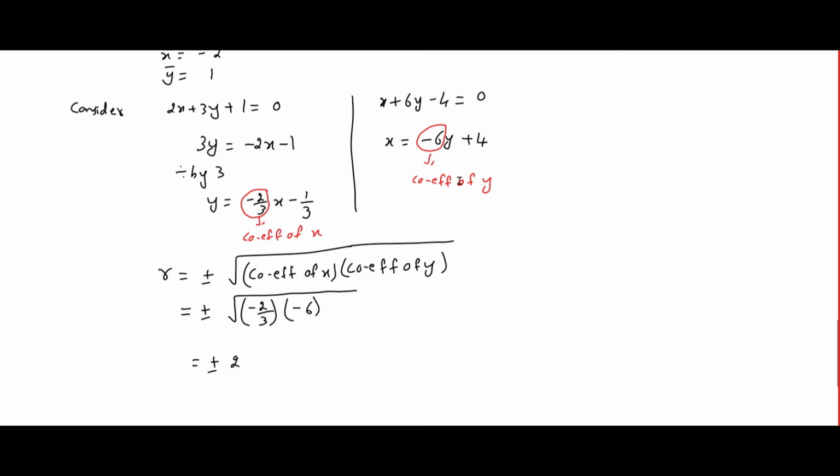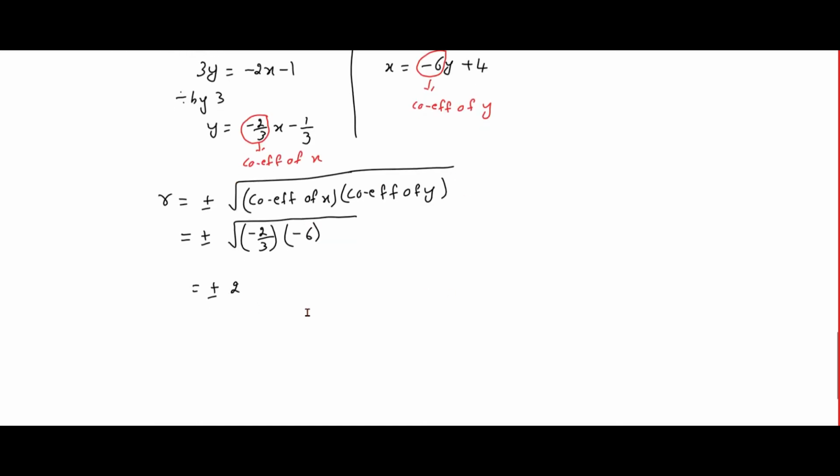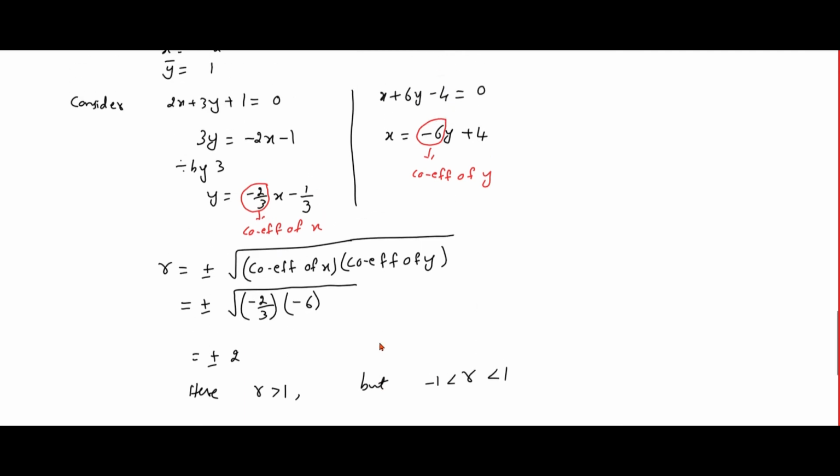Since this value of r is 2, which is greater than 1, but the r value lies between minus 1 and plus 1, I'll try to rewrite the equations.